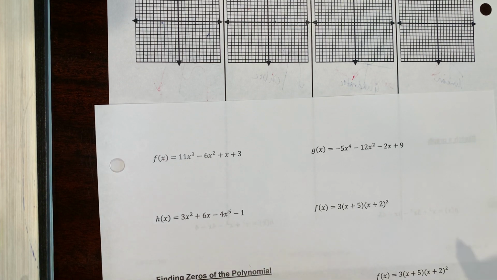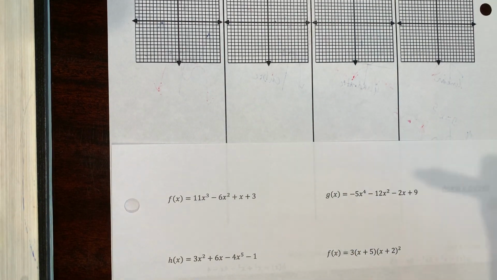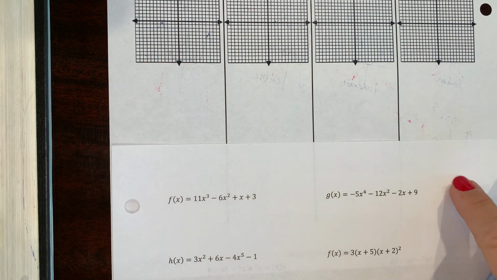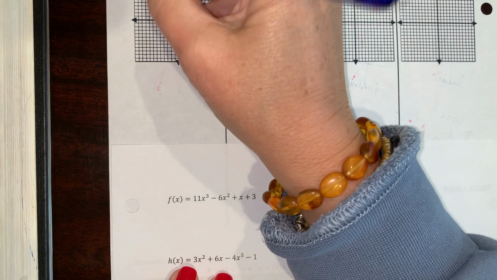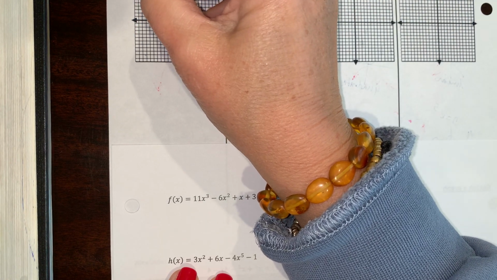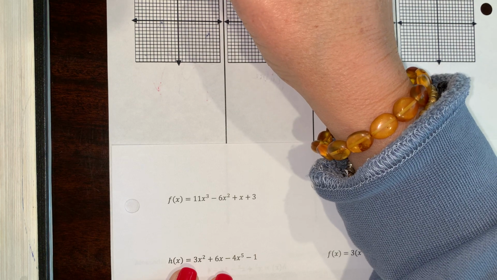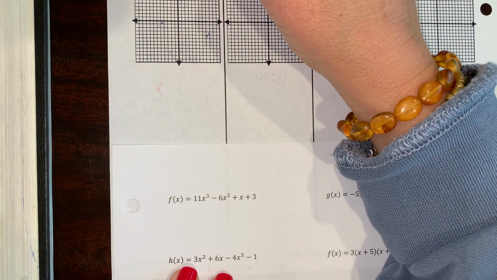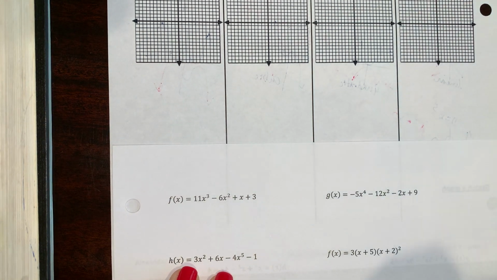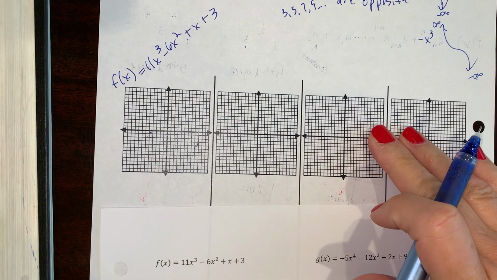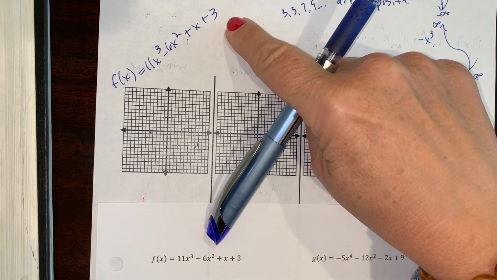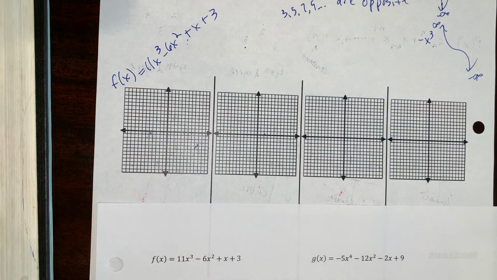Okay, so now let's apply this to some graphs with these same examples. If I look at this f of x graph and they tell me 11x to the third minus 6x squared plus x plus 3, I can look at this polynomial and determine a lot of things.